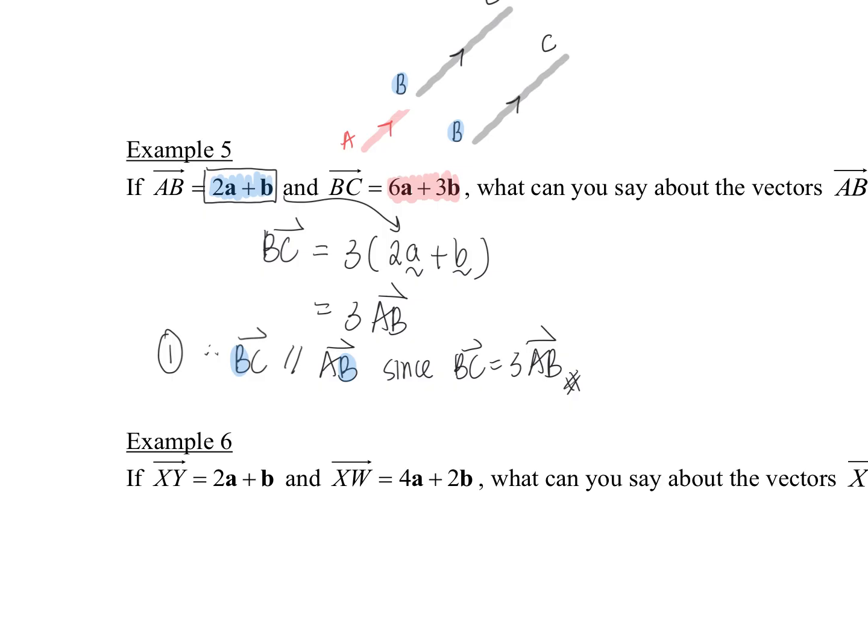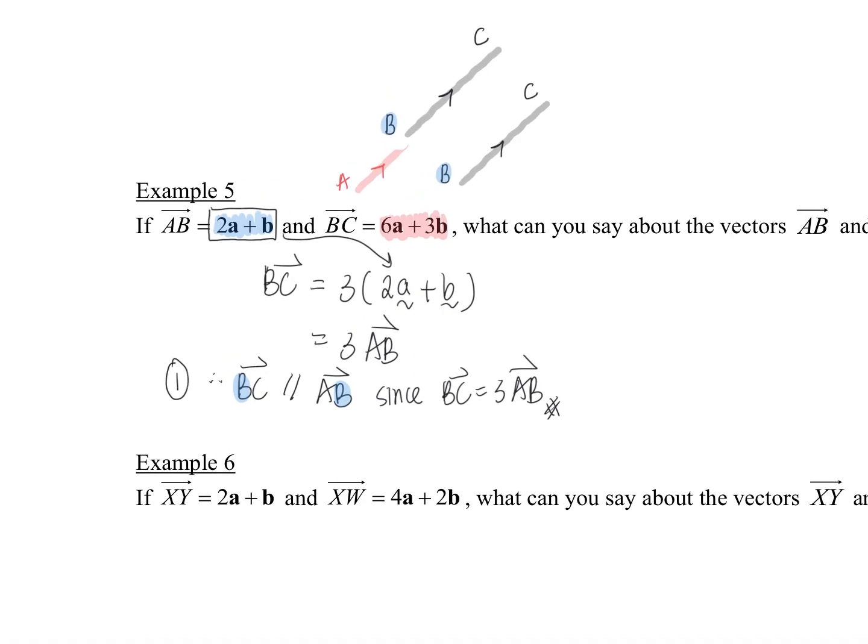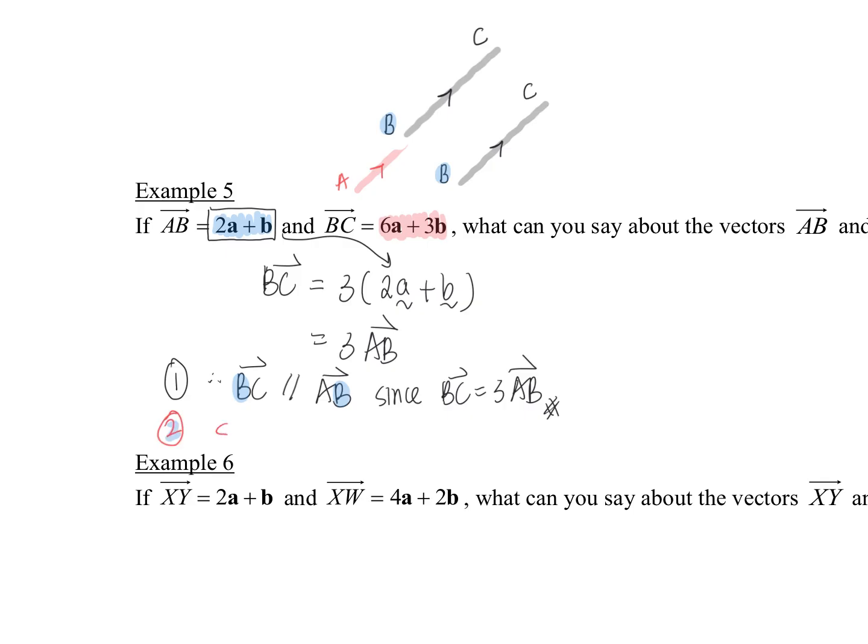So can you see that A, B, C are lying on the same line? So you can comment one more thing. Since they share a common point B, then you can conclude that points A, B, C are collinear points.